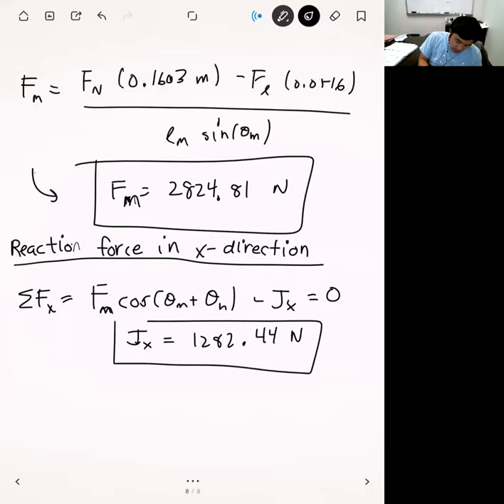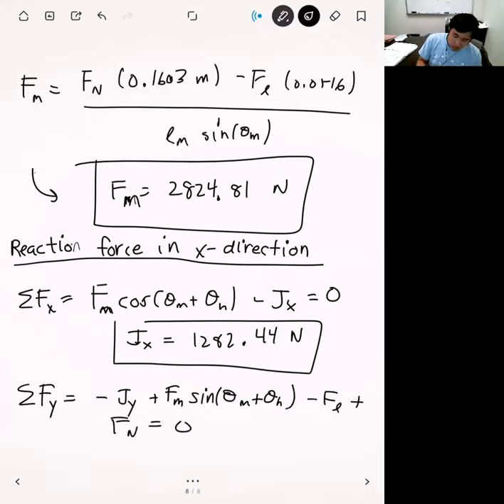And we sum the forces in the y direction. We're going to have negative Jy plus Fm sine of theta m plus theta h, minus FL, or the weight of the leg, plus Fn.